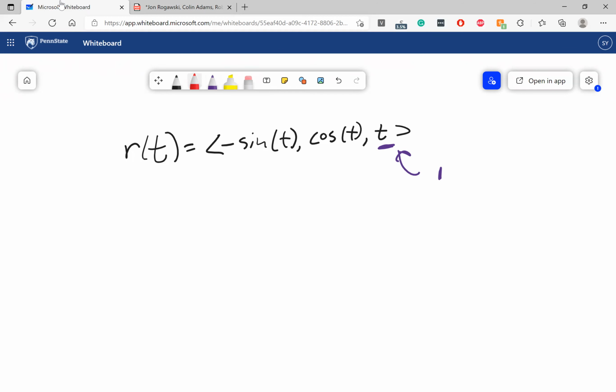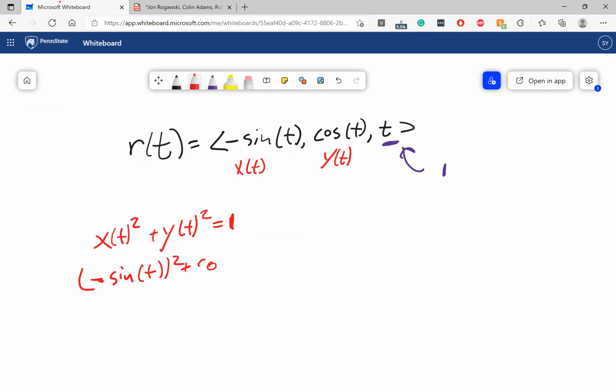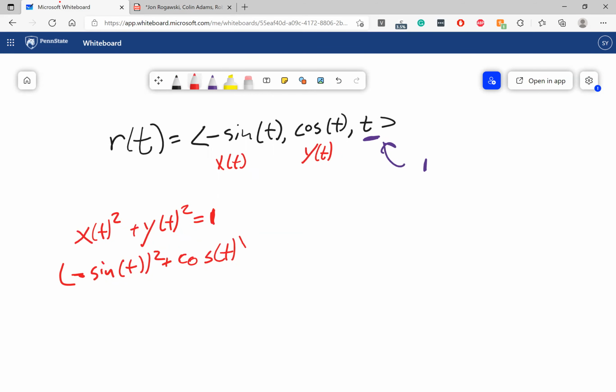But again, because this is your x of t and this is your y of t, you get x of t squared plus y of t squared is equal to 1, right? Because you have negative sine of t squared plus cosine of t squared is equal to 1.